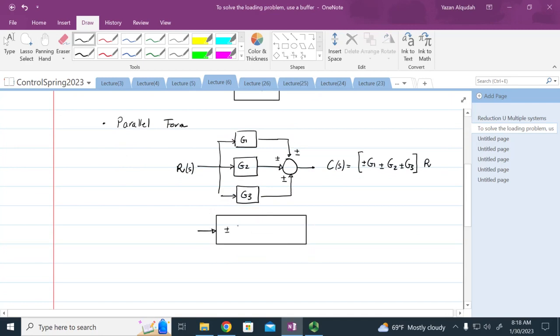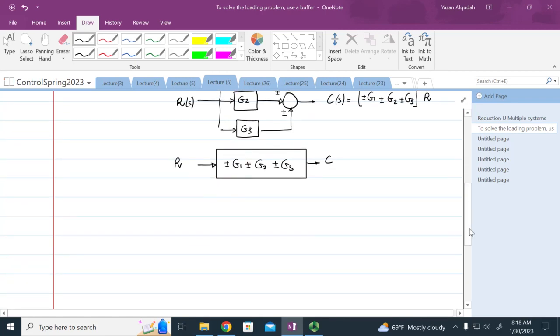That's going to be plus or minus G1, plus or minus G2, plus or minus G3. This is R, this is C. Is that clear? Everybody?